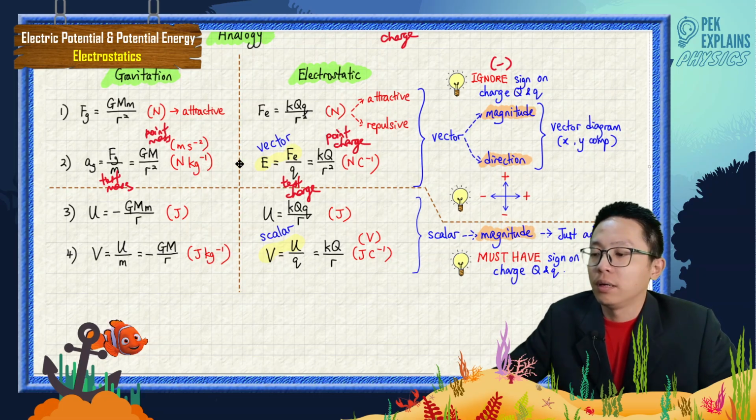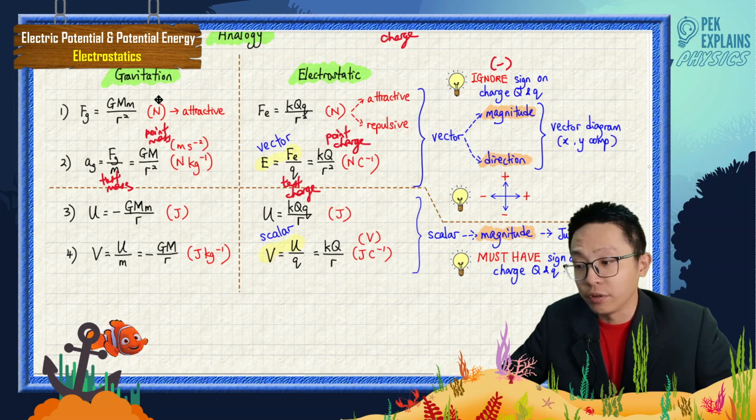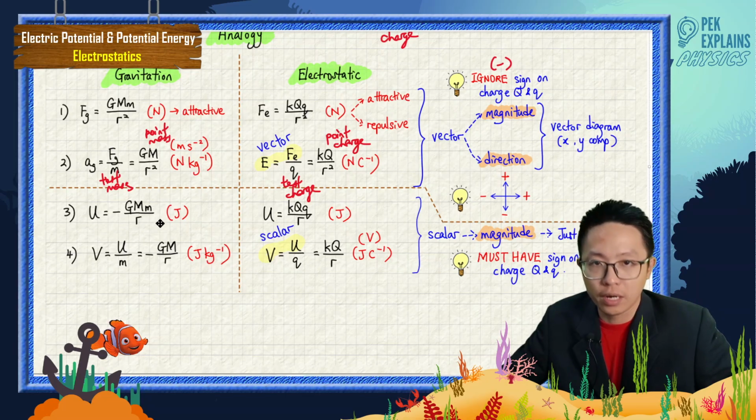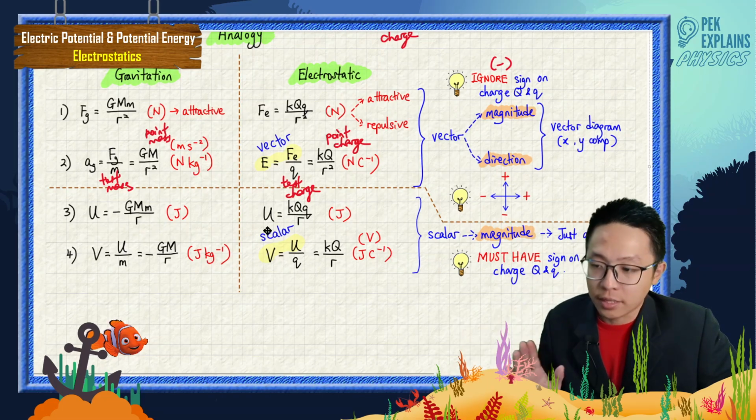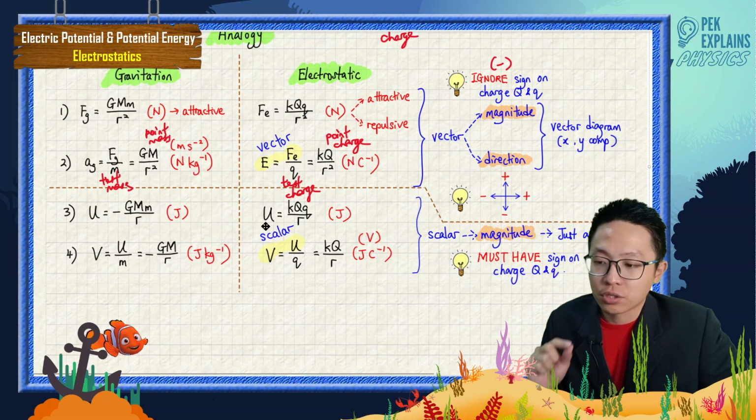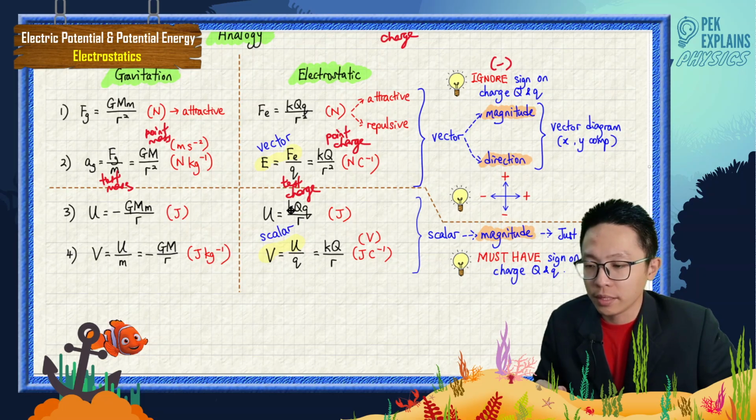Now let us look at electric potential and potential energy. In gravitation, you learned about gravitational potential energy, which has the formula negative GMm over r. In electrostatics, the electric potential energy is equal to kQq over r. Do you see that the formula is the same?